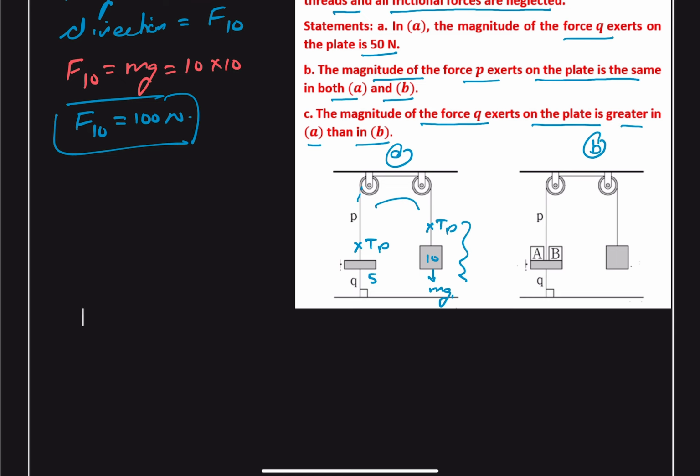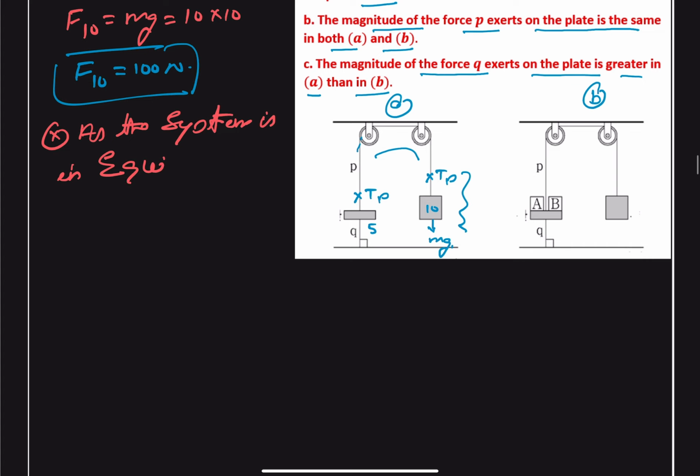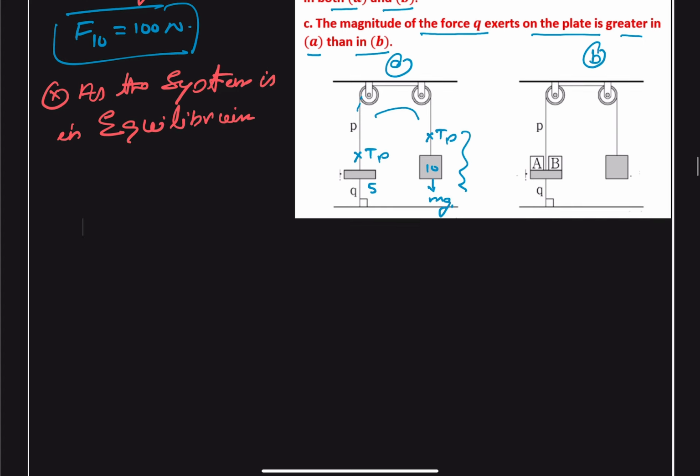So as the system is in equilibrium, Tp, the tension in the string, will be equal to 100 Newton.